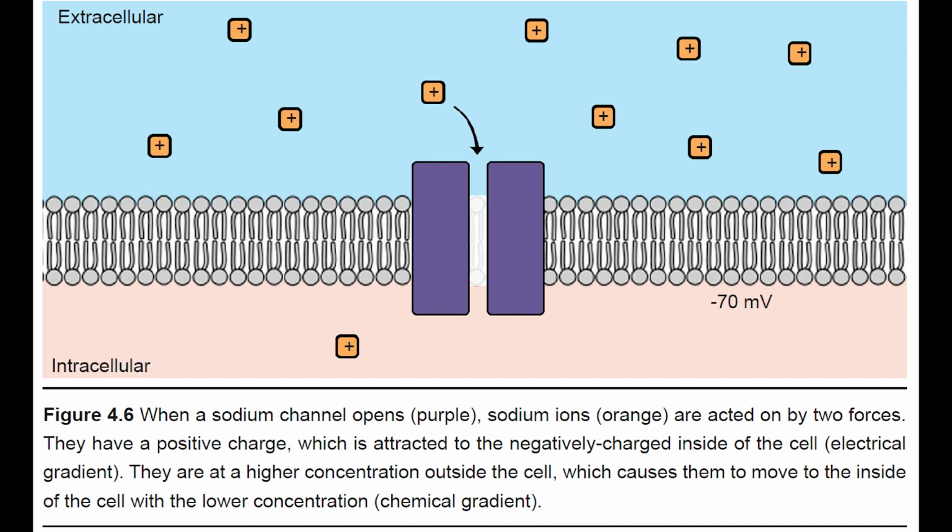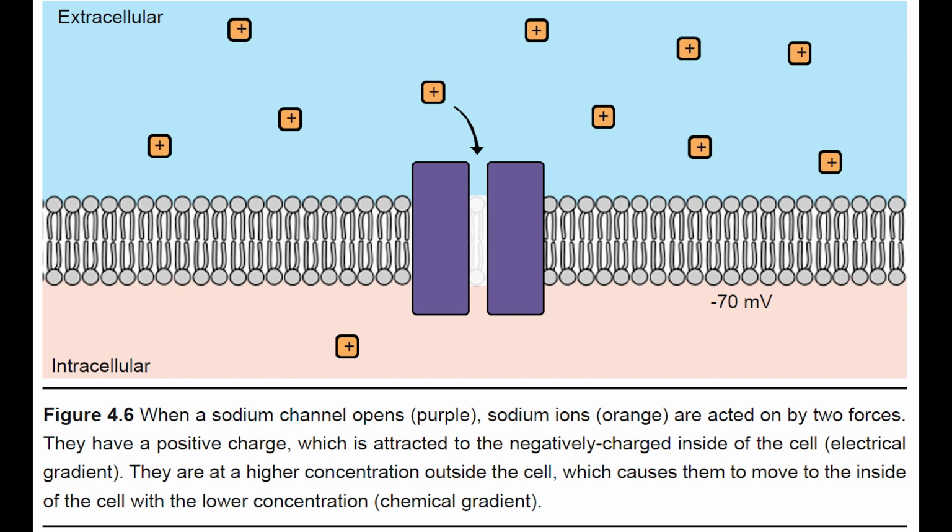We also know that the concentration of sodium outside the cell is high compared to the concentration of sodium inside the cell, by roughly an order of magnitude. Therefore, when that sodium permeable ion channel opens, sodium will move from the area of high concentration to low concentration, causing sodium to move into the cell.